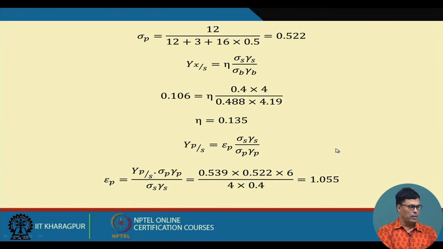Now we know that ethanol fermentation is usually carried out under anaerobic conditions, and under anaerobic conditions the thermodynamic efficiency of the process is about 0.7.